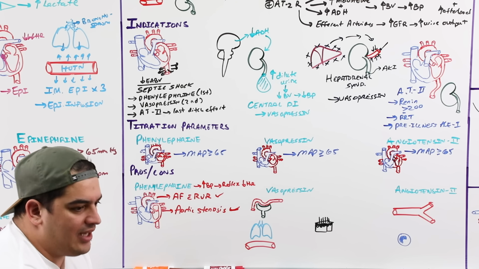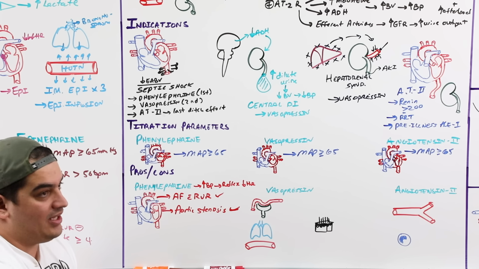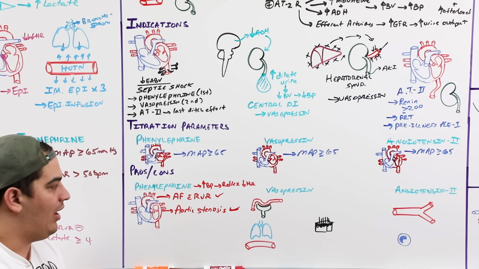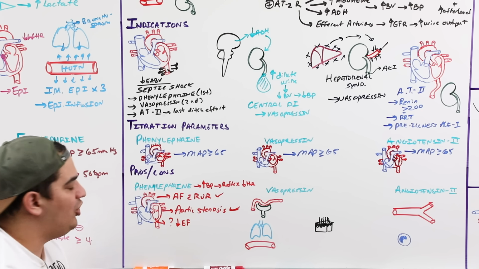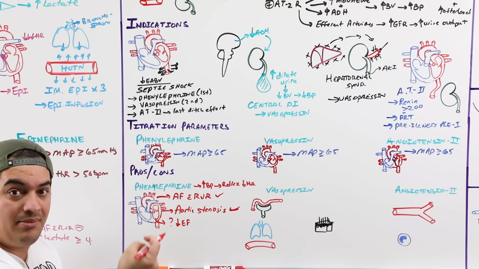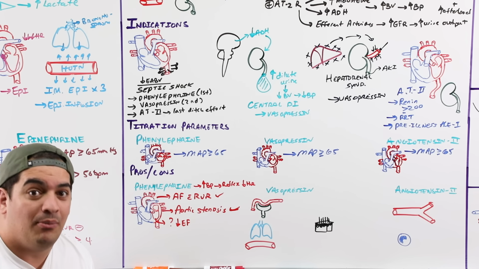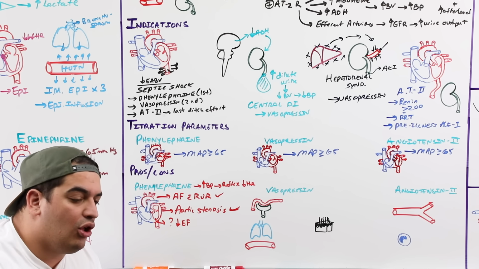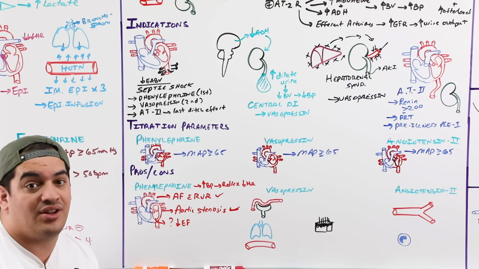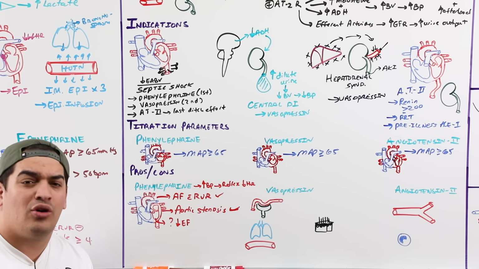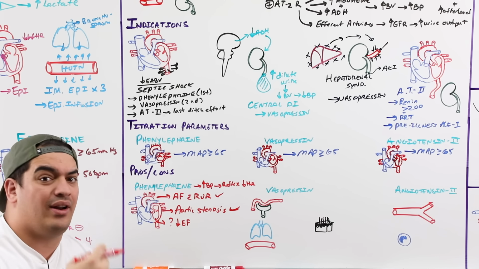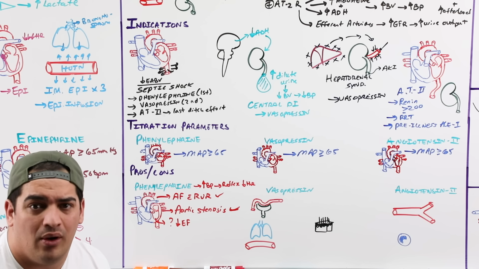Now here's the potential downside, what we talk about as a potential con to phenylephrine. There's this question of what if a person has a low ejection fraction? Can we utilize this drug because it's supposed to clamp down on the vessels and increase the afterload? That may be true. It may be a problem where if a person does have a low ejection fraction and you increase their afterload enough, it makes it harder for that ventricle to push blood out, especially if the EF is already low.